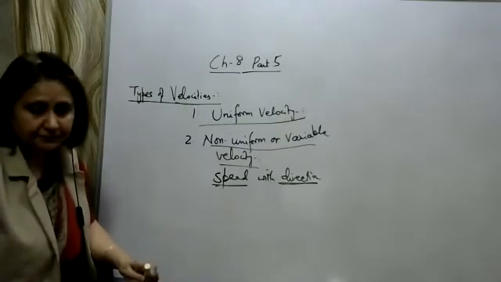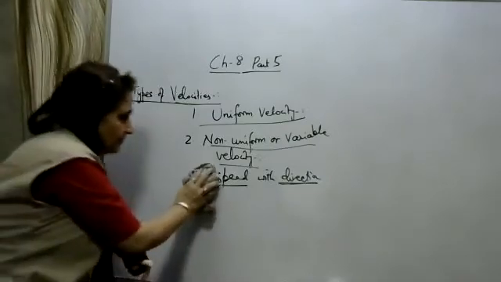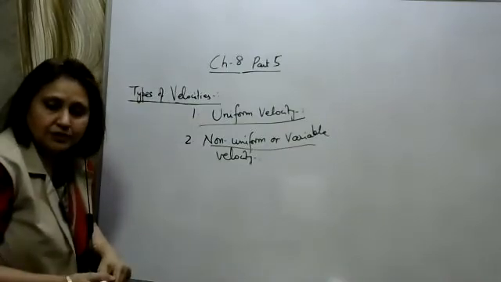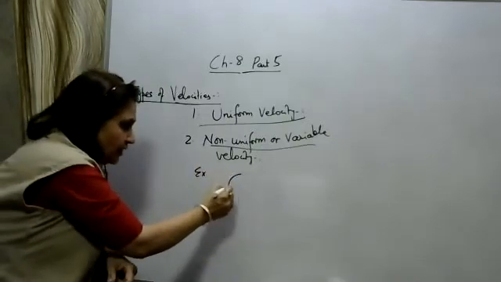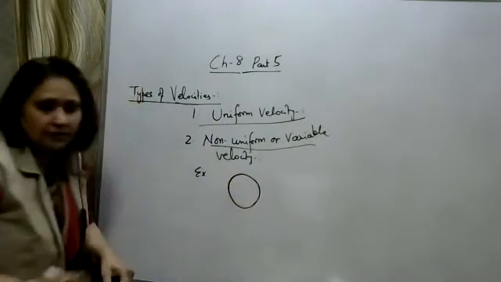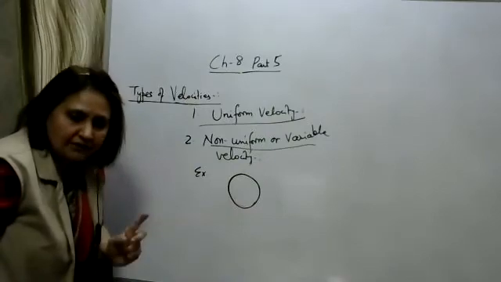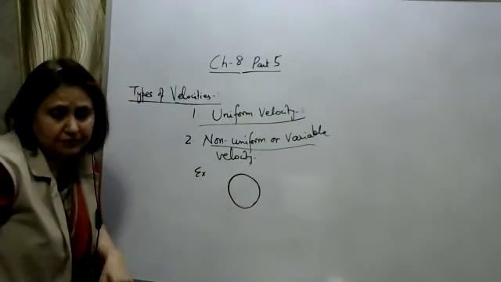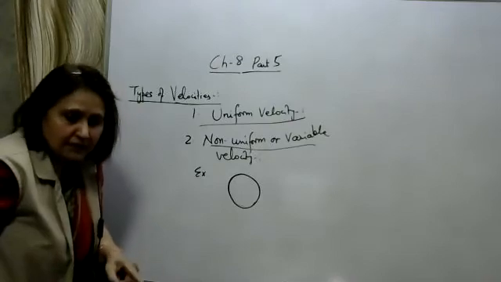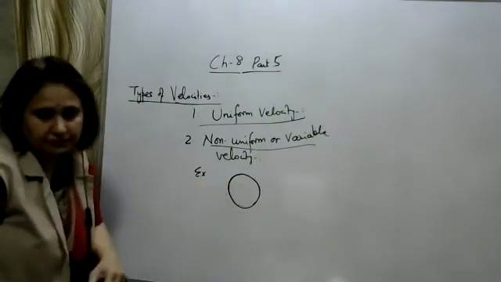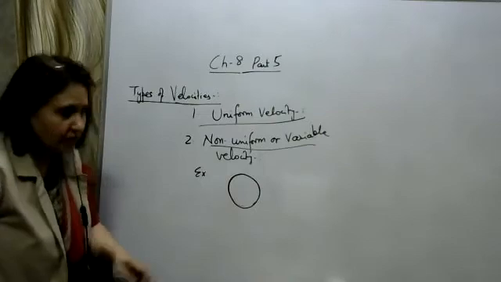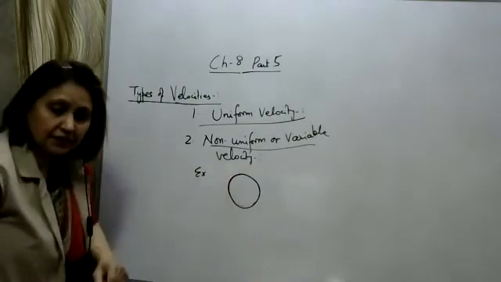Okay, write its example. An object moving along a circular path, or along the circumference of a circle, with constant speed.